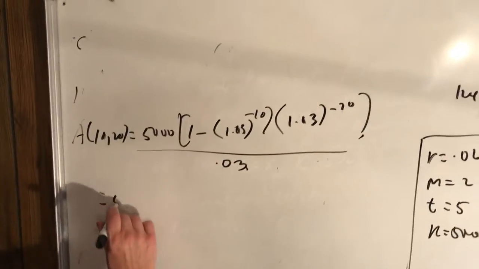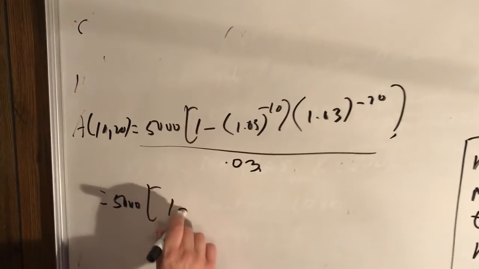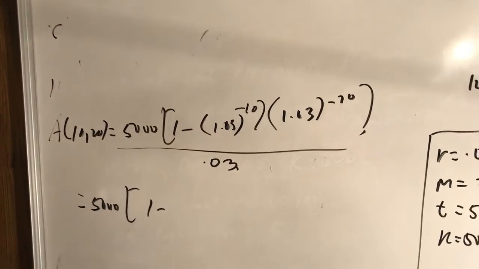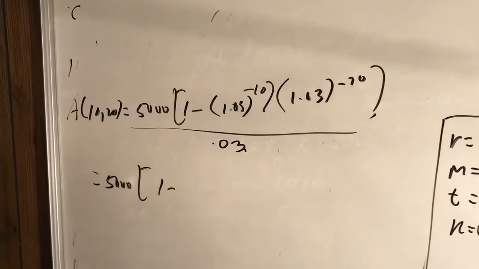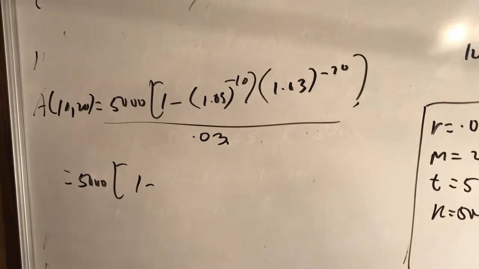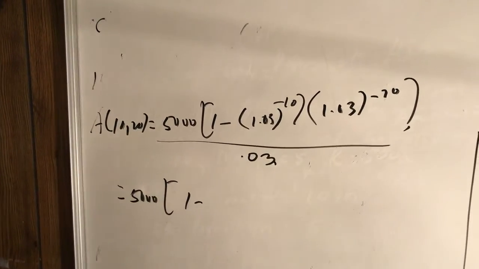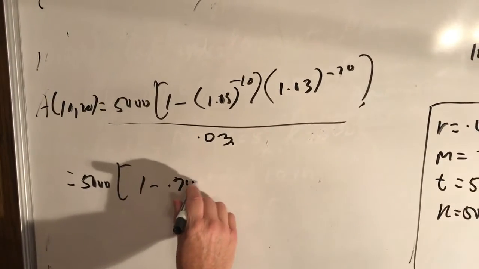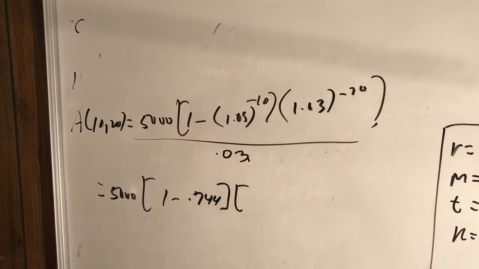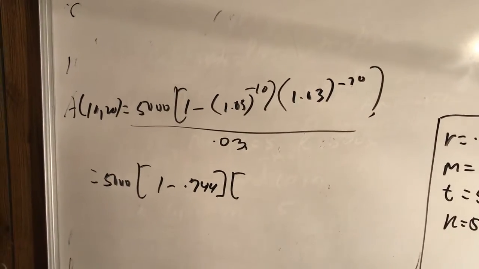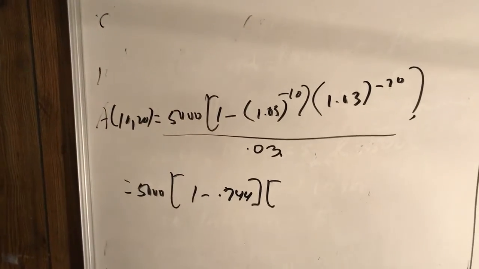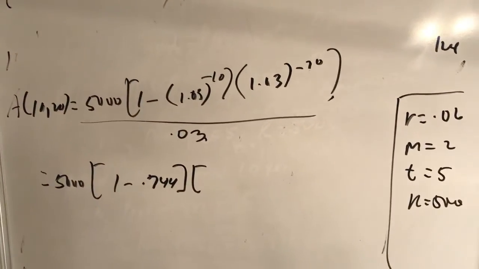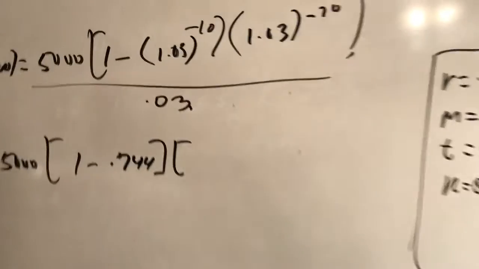So what do we get here? 5,000 times 1 minus, so let's take 1.03 and raise it to the minus 10. Make sure that's right. That's 0.744, times 1.03 raised to the minus 20. Okay, that's not right.